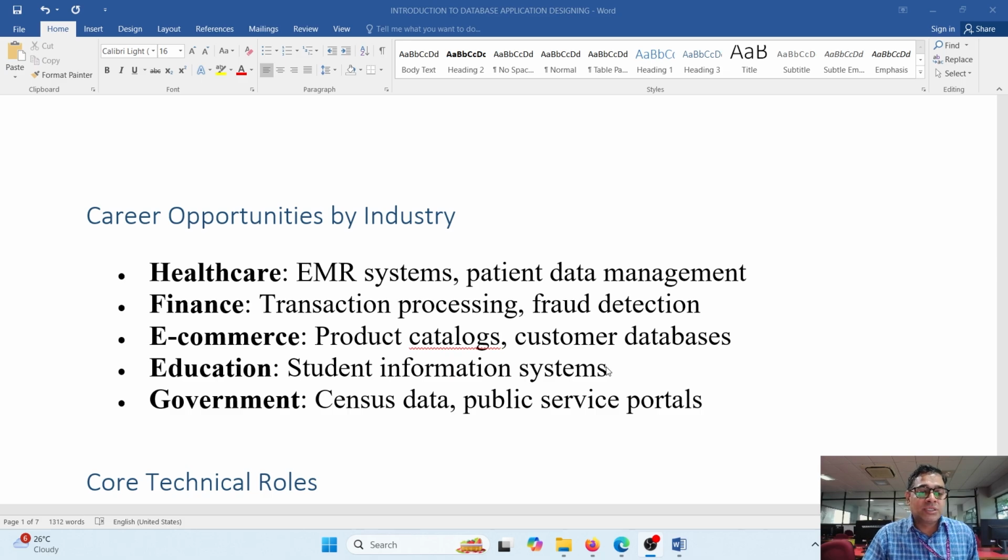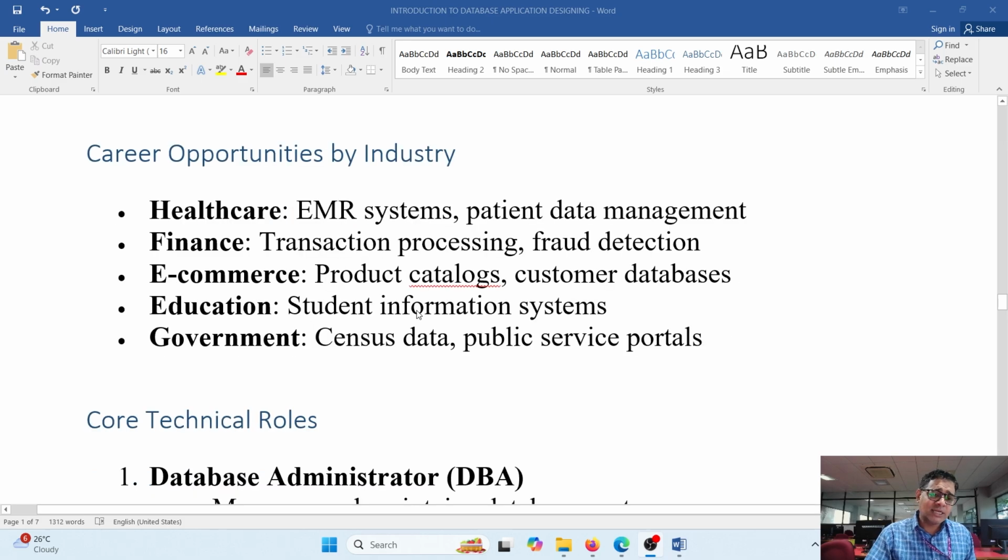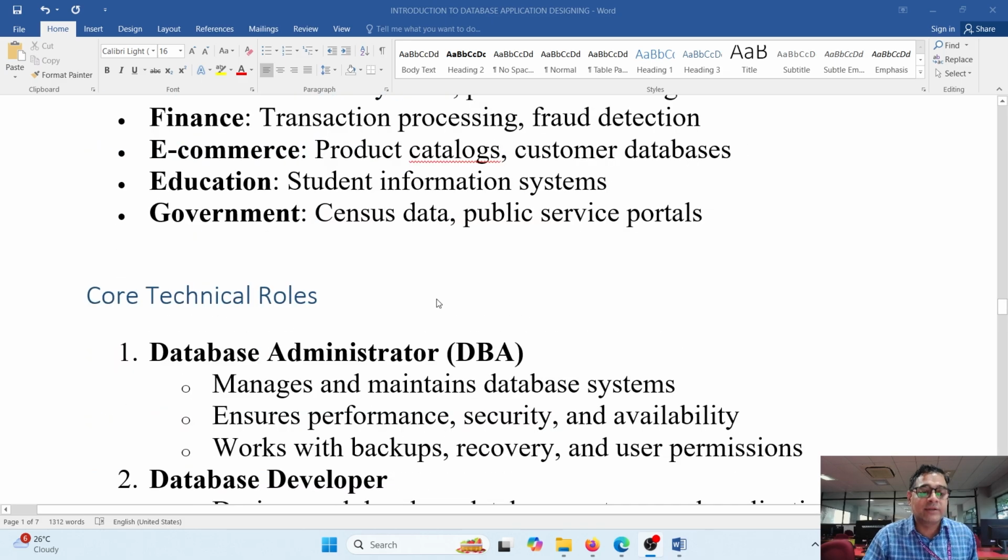All this information is stored using a database. Then in the government sector, census data, public service portals. Wherever information comes, database comes into the picture. So these are different industries and domains where the career opportunities are available.